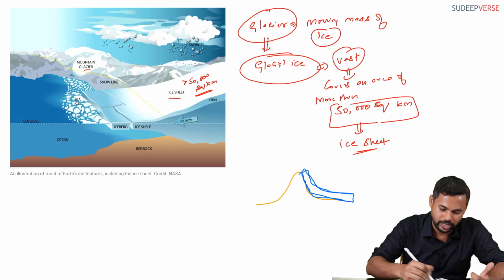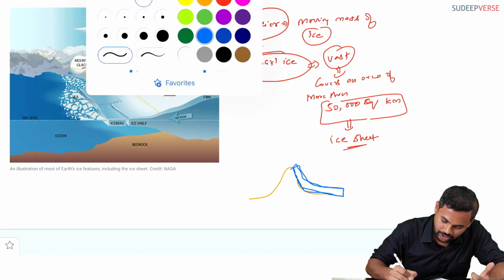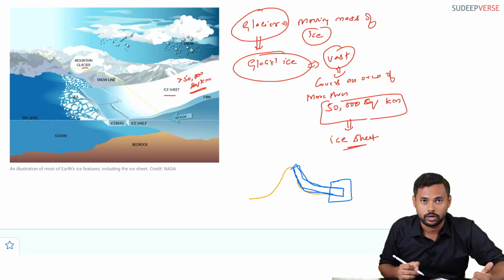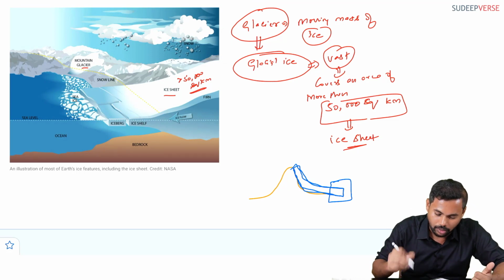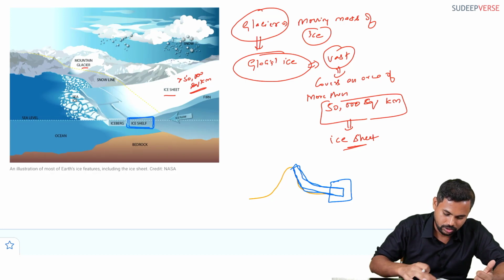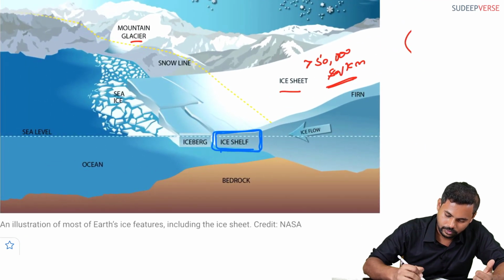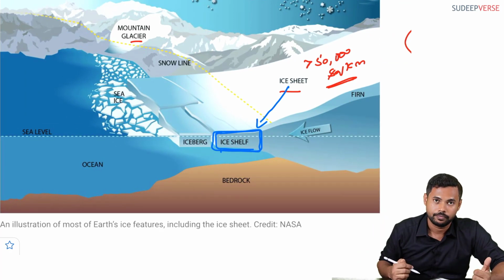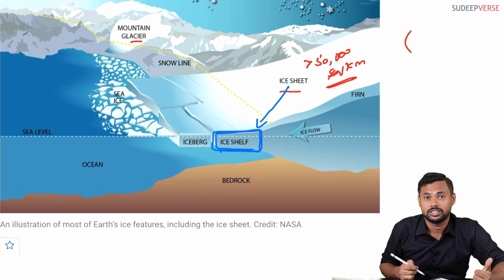Now as you can see, this part of the ice sheet is not on land, it is floating on water. Look at this in the diagram. This part of the ice sheet that is floating on the water is known as ice shelf.